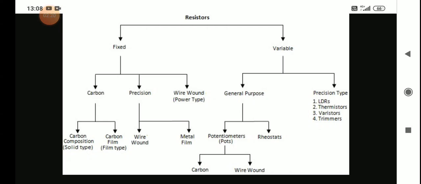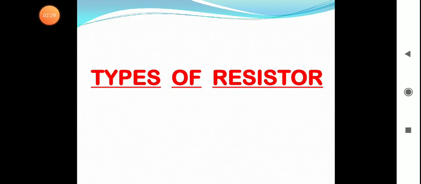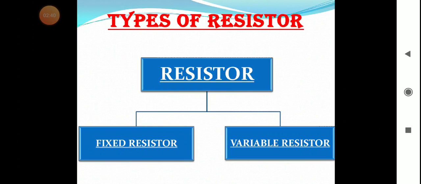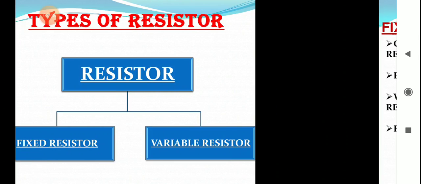Now we are going to discuss these classifications one by one. Now you see the resistors one by one. We already discussed the types of resistors. So once again, you see the resistors are divided into two ways: fixed resistors and variable resistors.